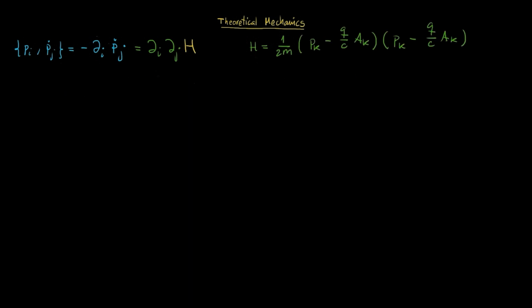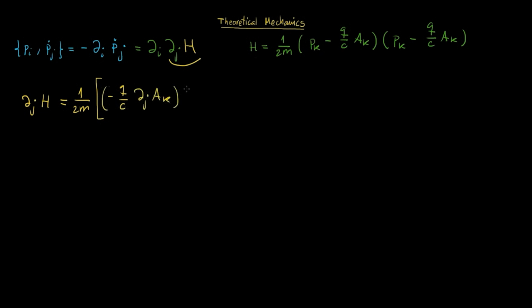So let's compute partial j of H. This is 1 over 2m, the derivative of the first term, but the derivative of p_k with respect to x_j is 0 because p and x are independent. The only term that survives is minus q over c partial j A_k.